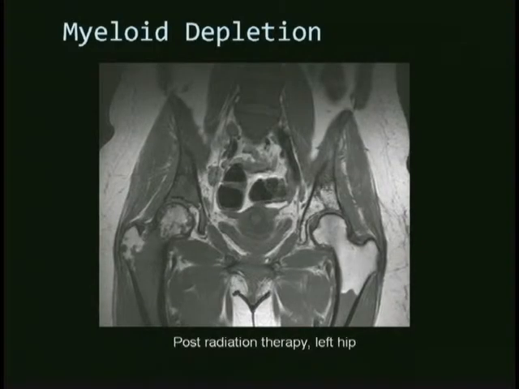This is also a patient who had radiation therapy, and you can see how very sharply demarcated the marrow is, very fatty here, and becomes very abnormal more distally. So this patient had radiation therapy in his left hip.